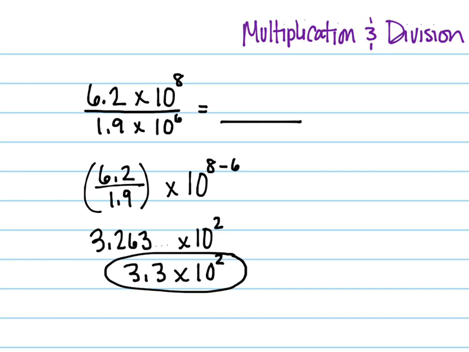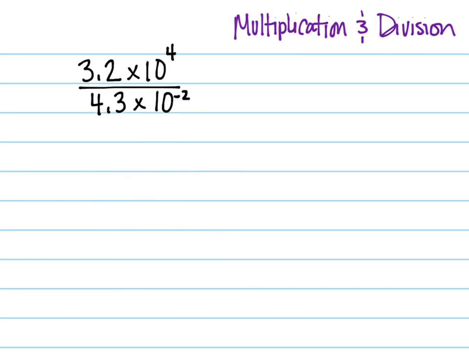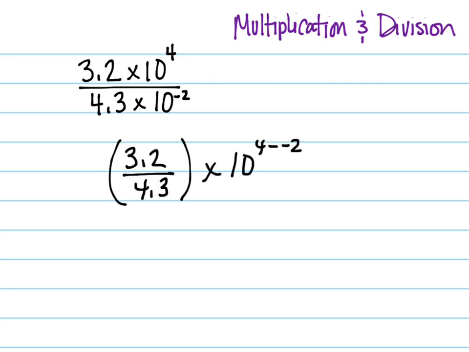That's so easy. What about 3.2 times 10 to the 4th divided by 4.3 times 10 to the negative 2nd? Well, again, divide your coefficients, multiply the whole mess by your power of 10 and exponents. Exponents here are subtracted because it's a division problem. And note that I tend to write out the minus a negative 2.